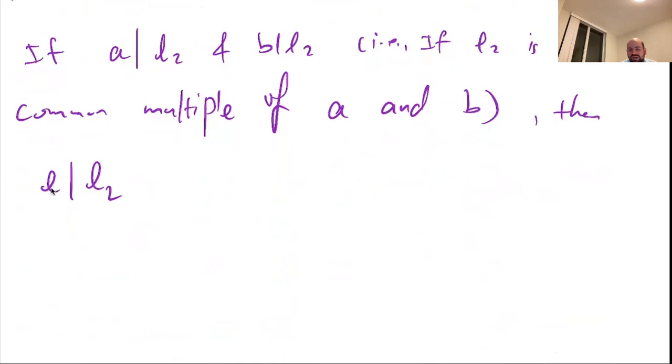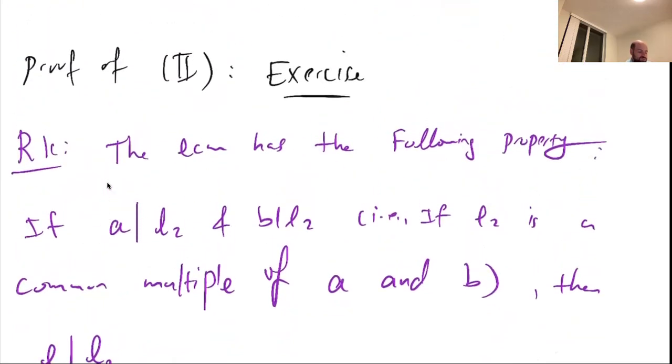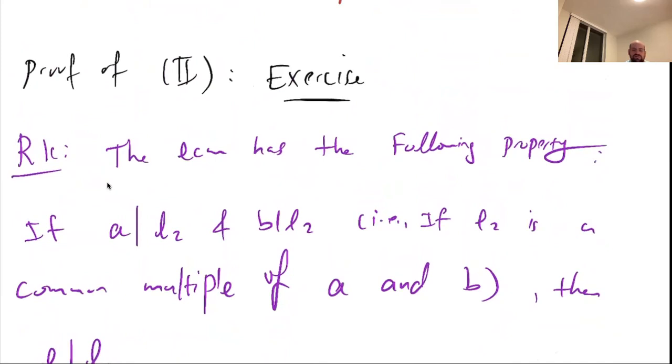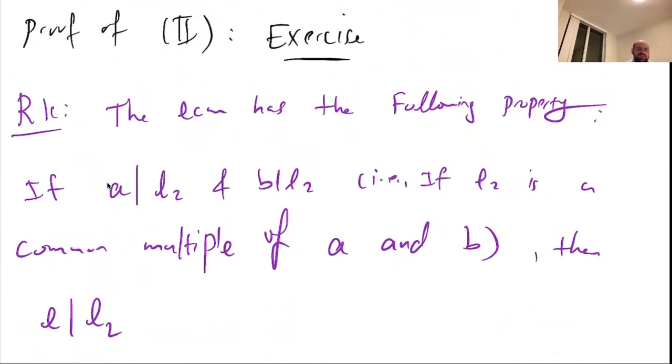But why can we say L is a factor of L2? Again, if you write the proof as an exercise, you'll see that as a part of the proof, you can show that L is a factor of L2. It is not only less than or equal to L2, but it's also a factor of L2.